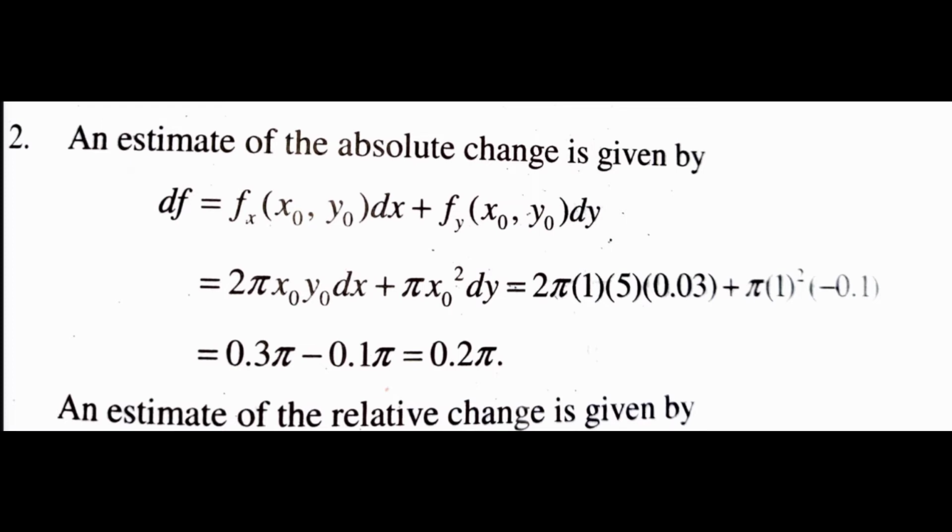The solution is as follows. An estimate of the absolute change is given by df equal to f suffix x (x0, y0) dx plus f suffix y (x0, y0) dy.